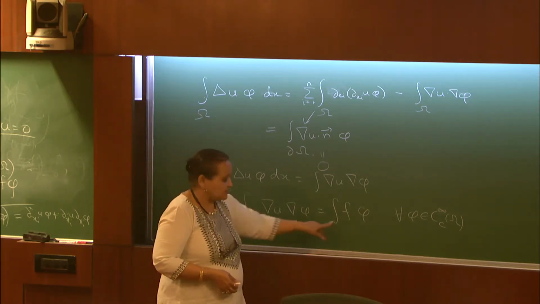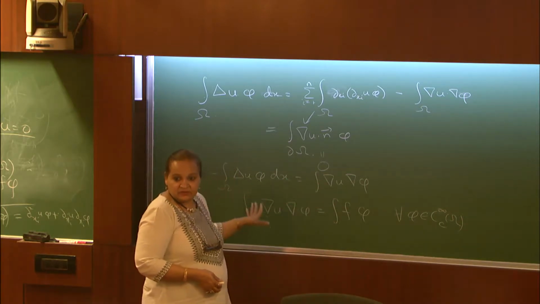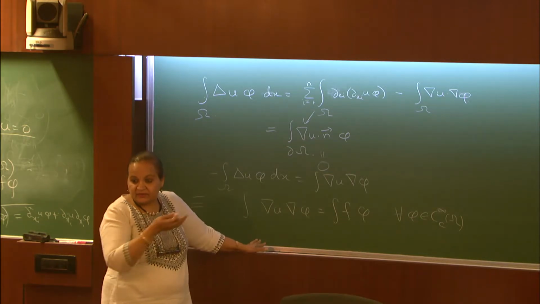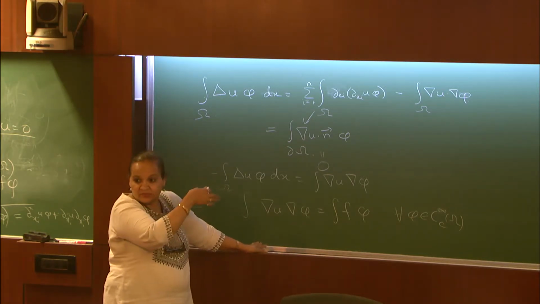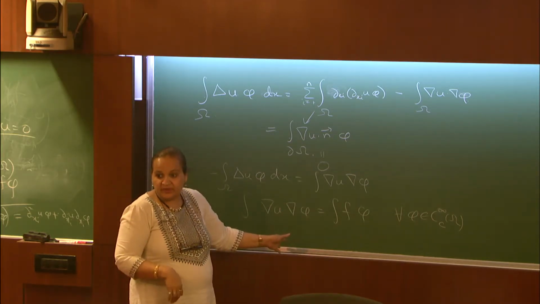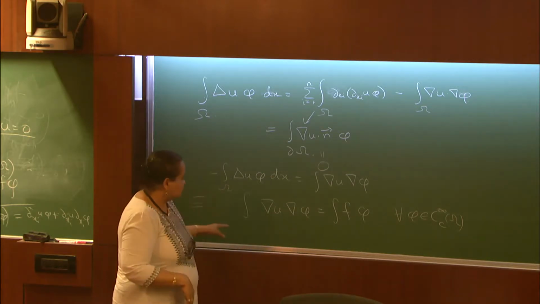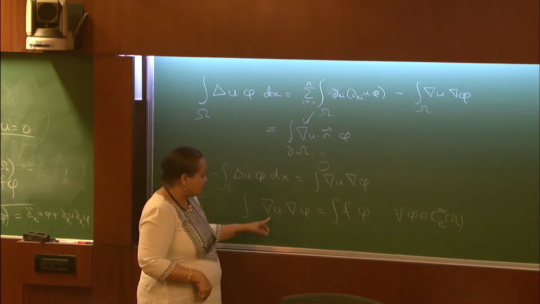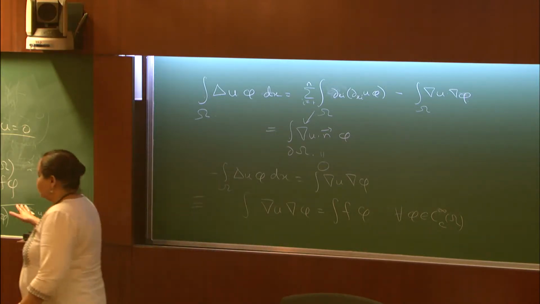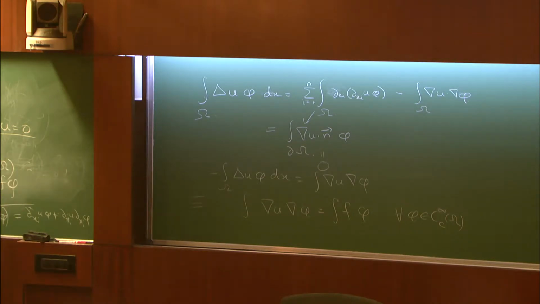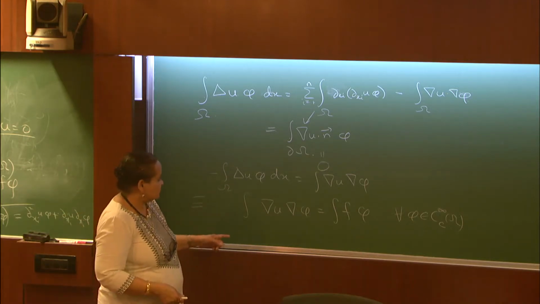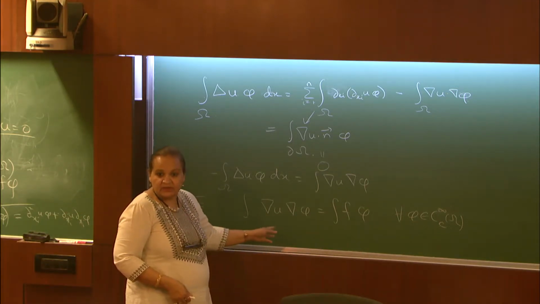So this is in L2, and if this is in L2, you can try to solve this kind of equation. So that is why, when we were looking at our problem, we usually considered this kind of energy function. We want to minimize it later on. So here we want to say that instead of finding u in the classical sense, that is a C2 function, we can look for u which is going to satisfy this particular equality.